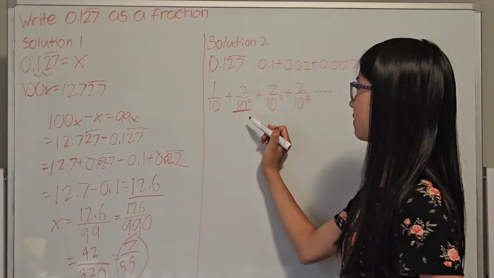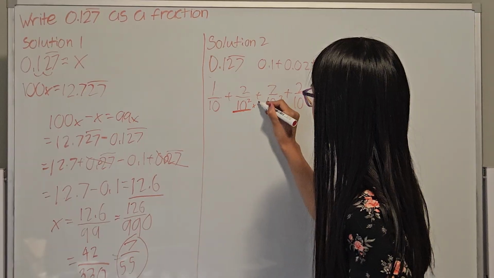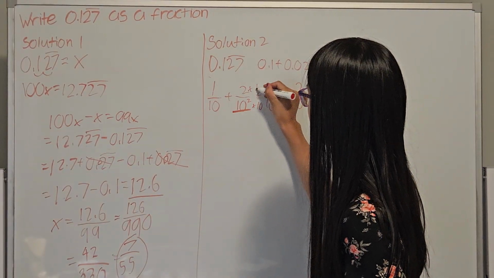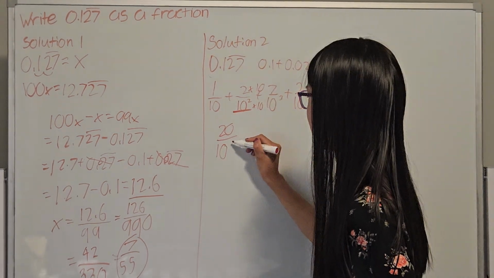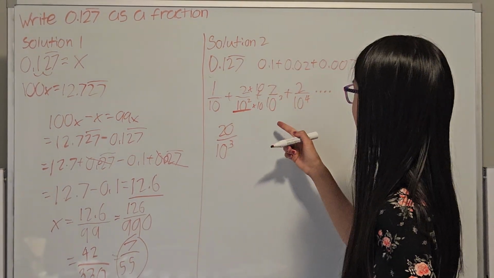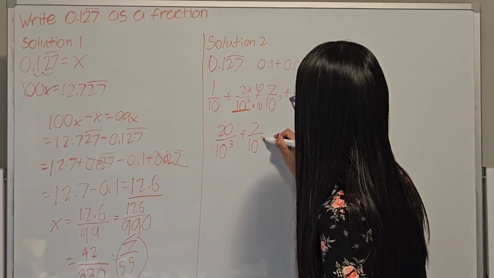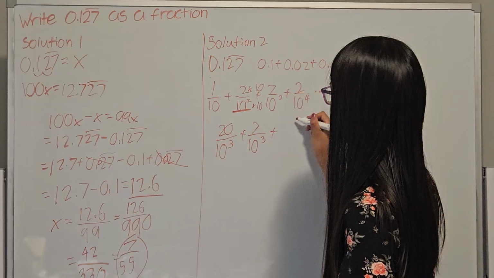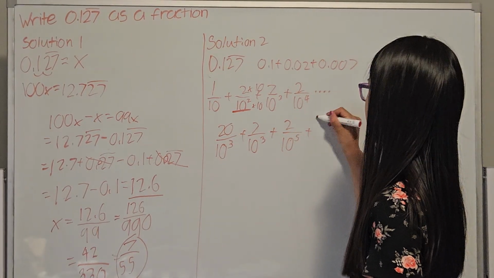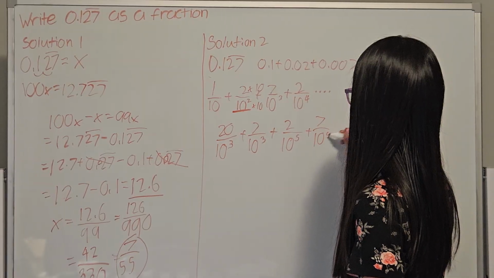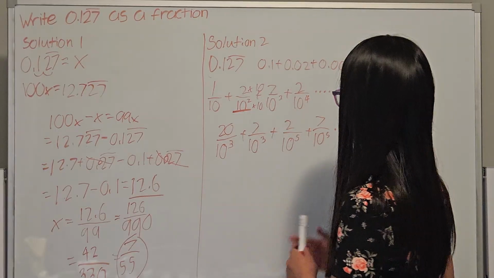For this fraction, 2 over 10 squared, we can times both sides by 10, which will equal 20 over 10 cubed. And now we can add it up to 7 like that, and then it's on and on. 10 to the power of 5, or 2 should be 20.